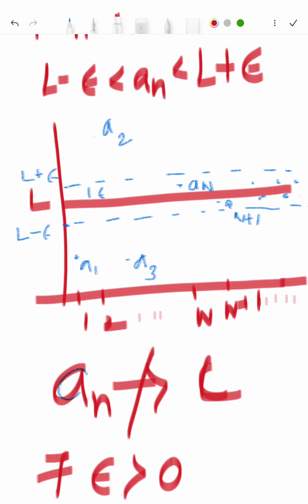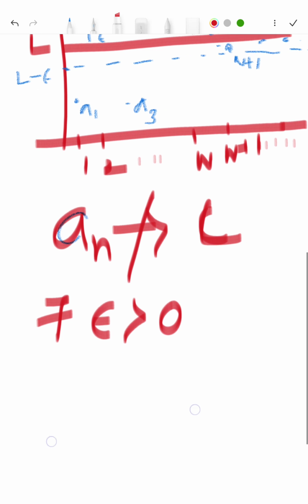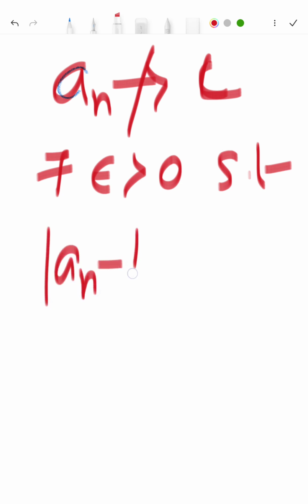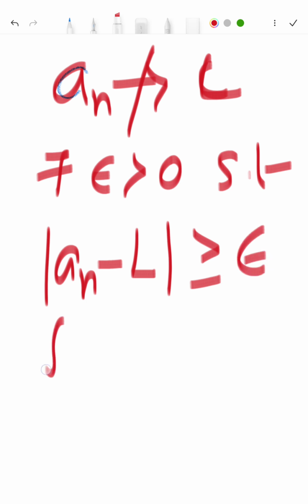To say something is not true, if there is one epsilon for which infinitely many points are outside, then we are done, right? There exists one epsilon such that |a_n minus L| is greater than or equal to epsilon for infinitely many n.